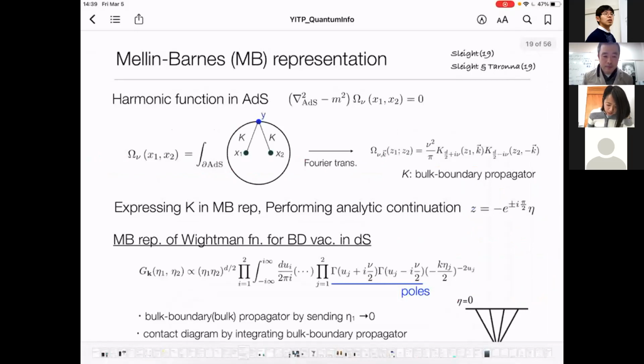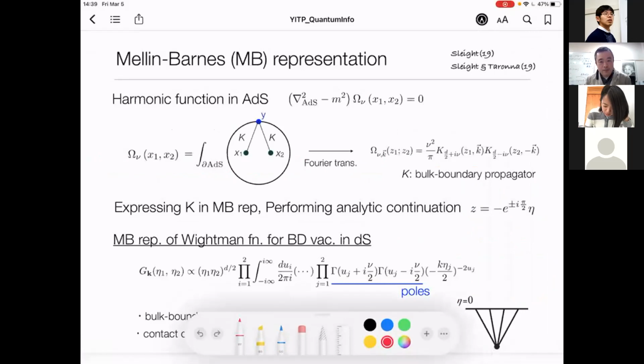So for instance, in the case of a harmonic function in AdS, using the split representation, we can express it by integrating over the conformal boundary, like this. And then taking Fourier transformation, this harmonic function can be given this way.